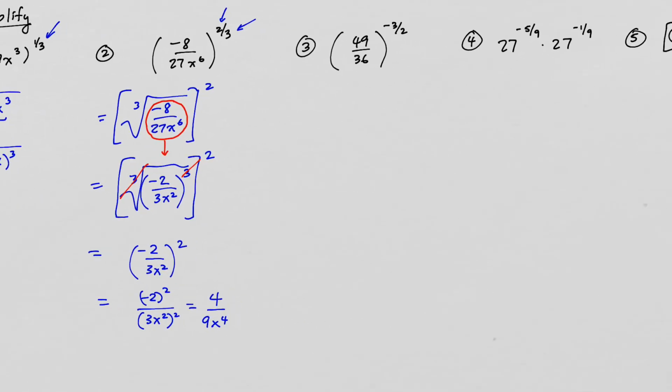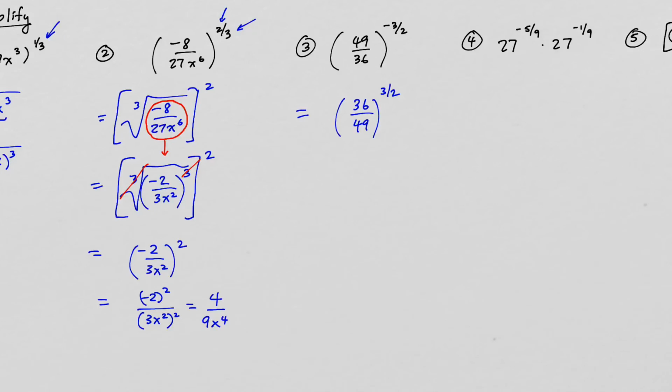Okay, moving on to the next example. We have a negative fraction exponent. So remember, when you have a fraction to a negative power, the best way to do it is to take the fraction on the inside, take the reciprocal, and then that allows you to make the exponent on the outside into a positive number.